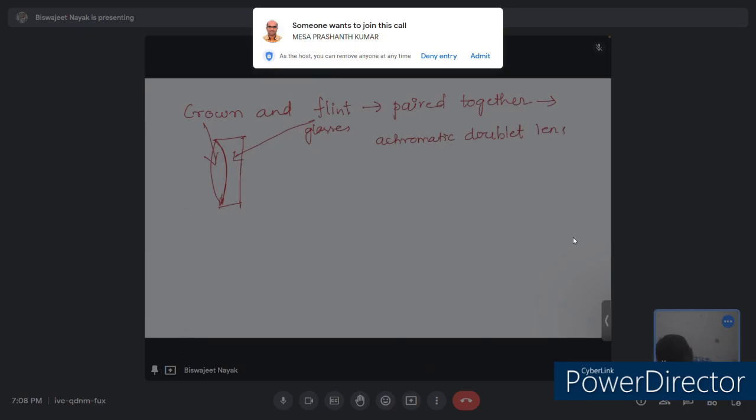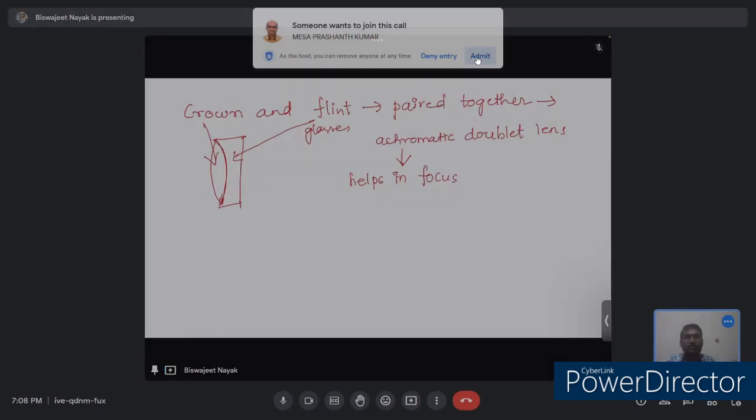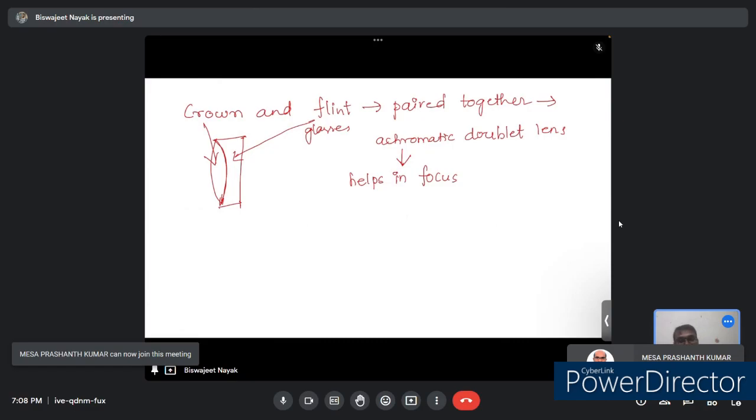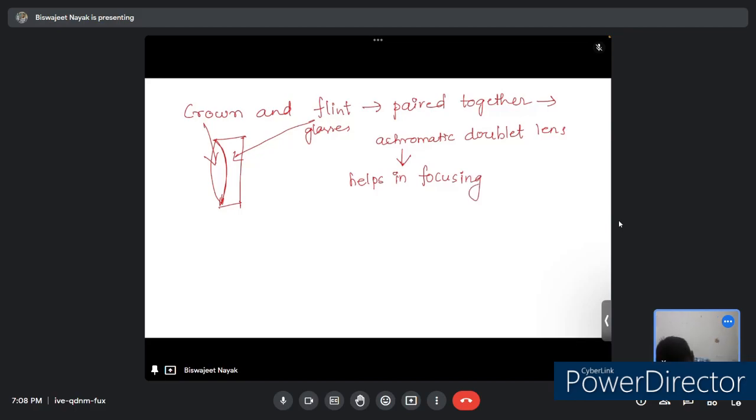This helps in focusing blue and red wavelengths in the same image plane.